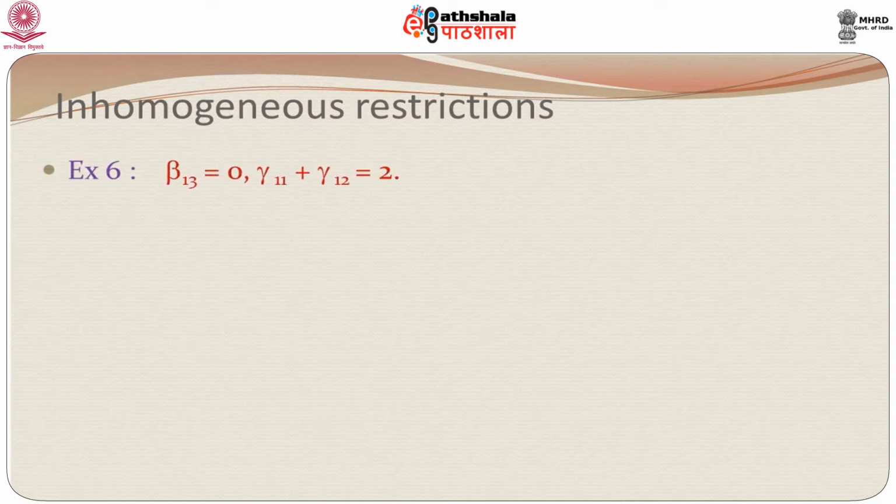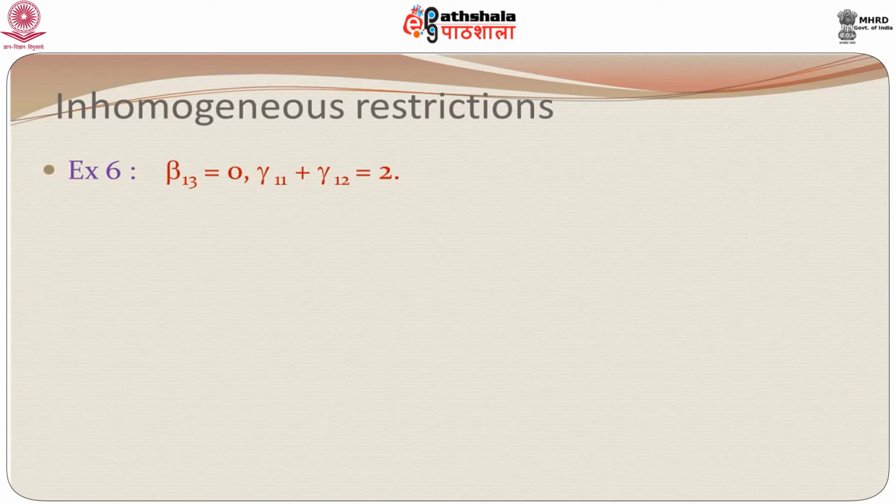Let us look at a 6th example. If you remember what we did in the last lecture, we had 3 endogenous and 2 exogenous variables, and we had been looking at the number of restrictions on the first equation which identifies the first equation. Continuing with this, now let us have beta 1 3 equal to 0.